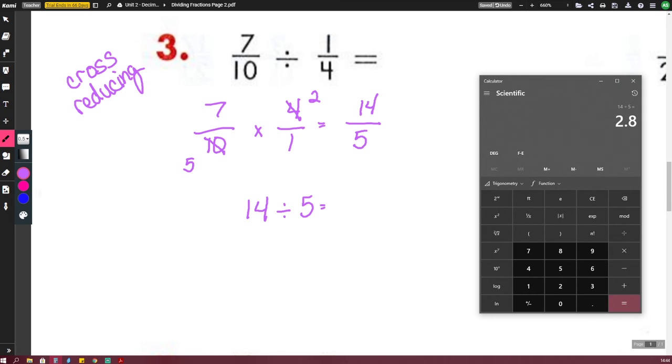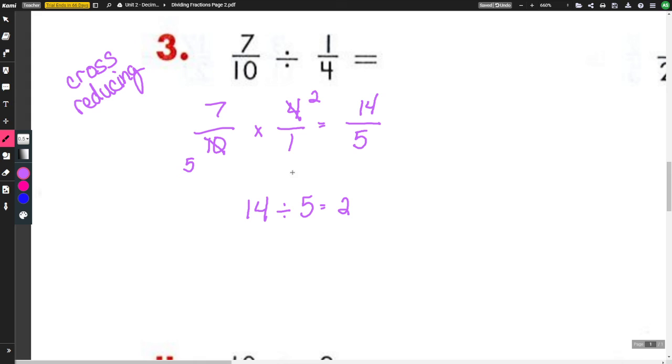All I care about is the 2. That's how many times 5 can go into 14. Then I subtract. 5 times 2 is 10. So my answer is going to be 2. That number is my whole number. 5 stays the same. And this is a 4. 4 and 5 can't reduce any further.